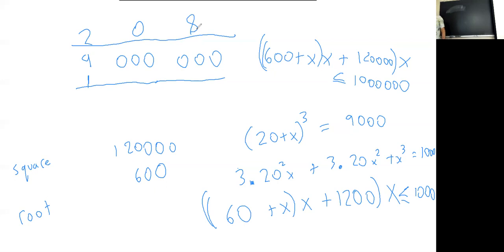As long as when I plug in 8 times 608 plus 120,000 times 8, as long as that's less than 1 million, which I think it is. Can someone do that for me?